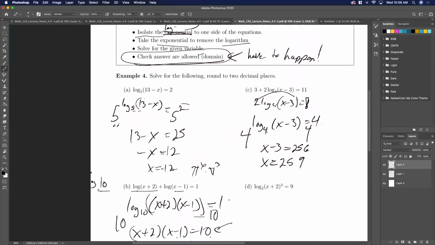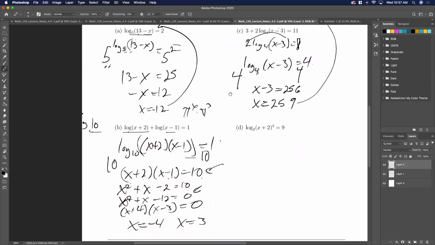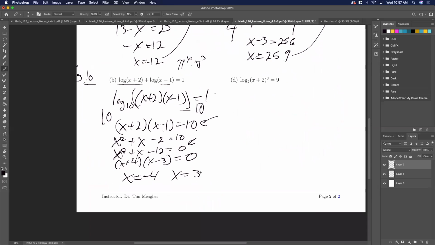So x equals 256. If I plug it way back into here, I get 259 minus 3, which is still positive, and so we're fine. Let's go to here. If I have x equals 3, plug it way back into here, I'll have 3 plus 2, that's still positive, we're good. I have 3 minus 1, that's still positive, we're good.